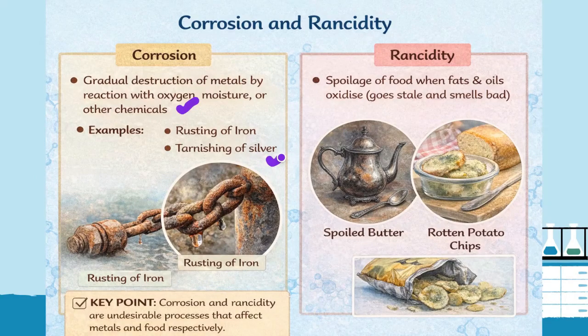What is rancidity then? See, corrosion is happening to the metals, destruction is happening for metals. If that destruction or spoilage is of food, such as fats and oils, then that is rancidity. So, in this, fats and oils oxidize and they start giving a very bad, stale smell.